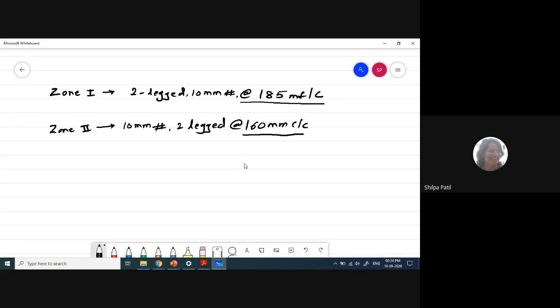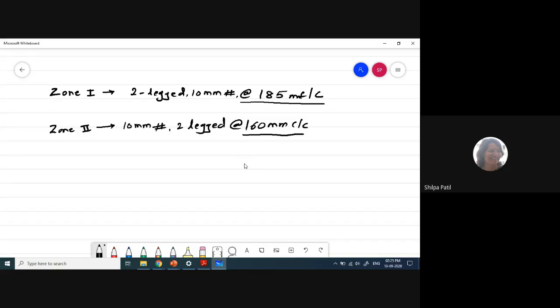It is 0, right? Yes, ma'am. So what will be the total shear force for which you are designing the shear reinforcement? VUSB value. I want for both zone 1 as well as zone 2. Ma'am, zone 1, it is 179.73.